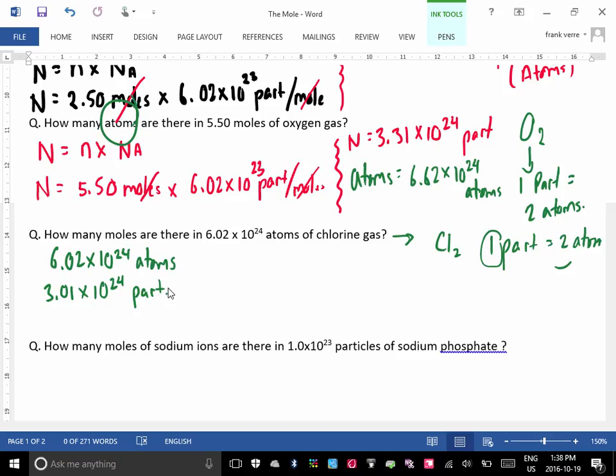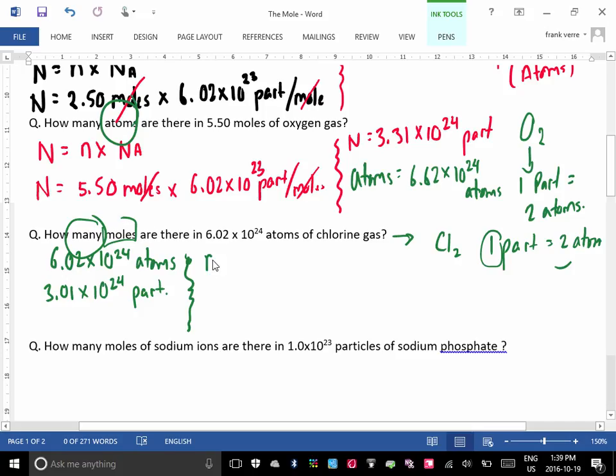So now I can go ahead and figure out the number of moles. What am I looking for in this case? Number of moles. How many moles? Am I looking for big N or little n? Right, I'm looking for little n.